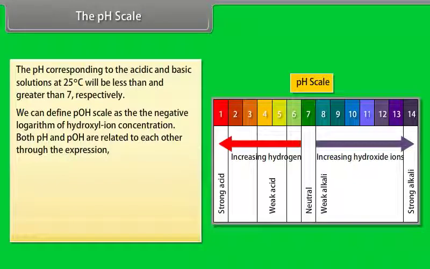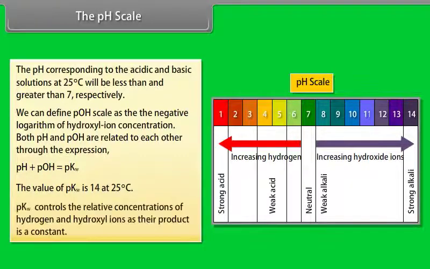Both pH and pOH are related to each other through the expression pH plus pOH is equal to pKw. The value of pKw is 14 at 25 degrees Celsius. pKw controls the relative concentrations of hydrogen and hydroxyl ions, as their product is a constant.